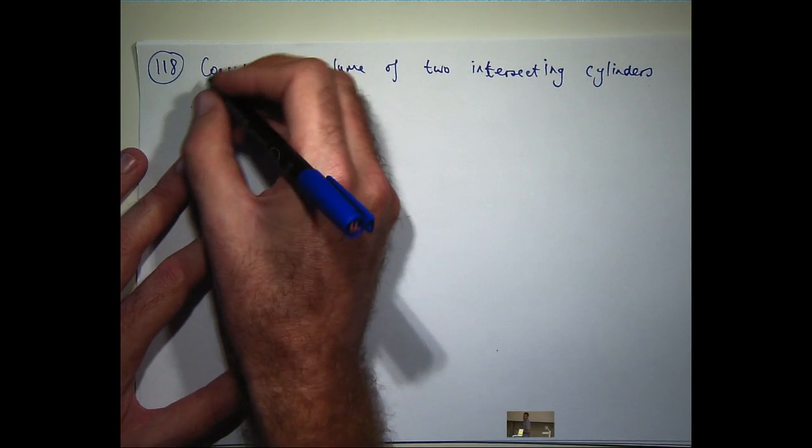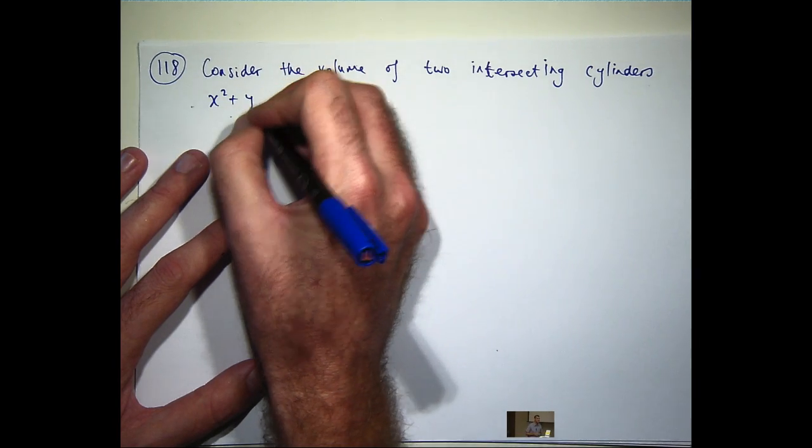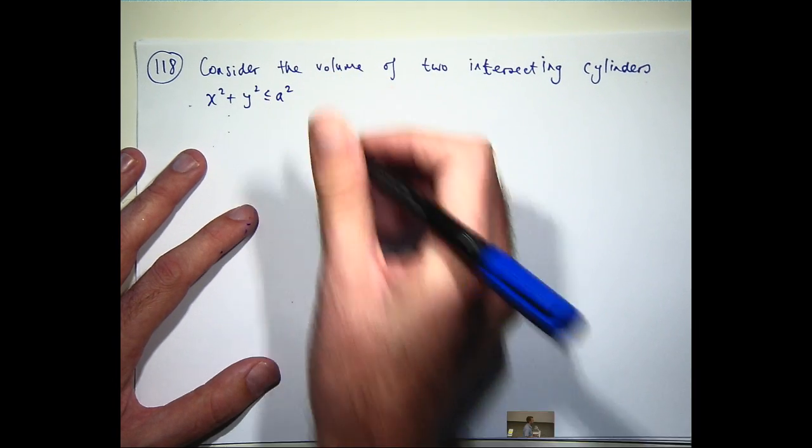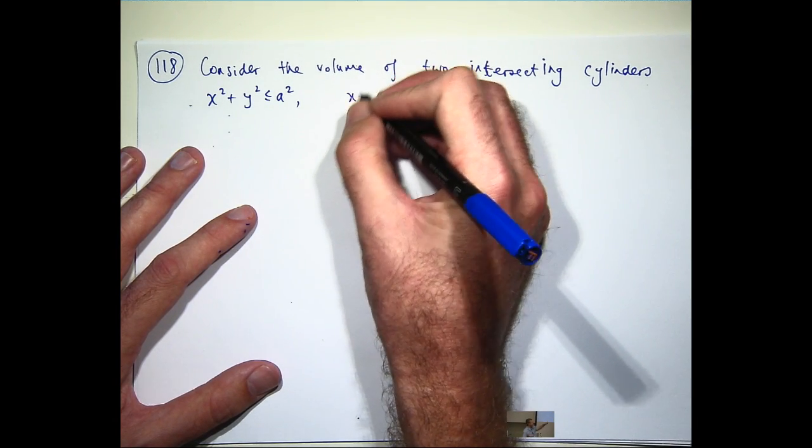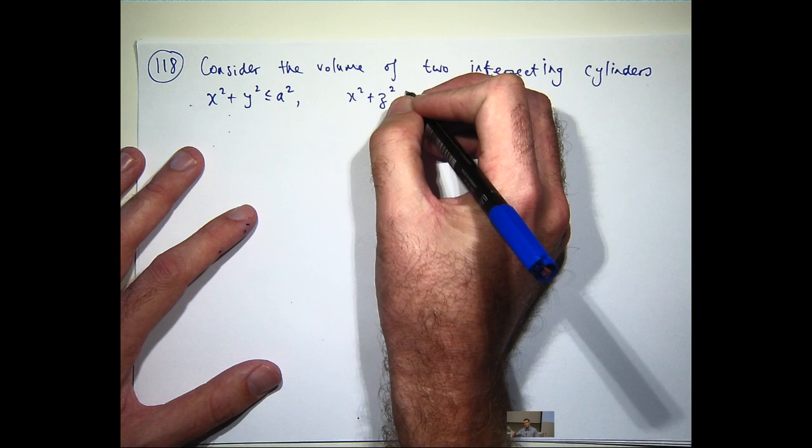Okay, so we've got one wrapped around the z-axis, here a is some positive number, and one wrapped around the y-axis.